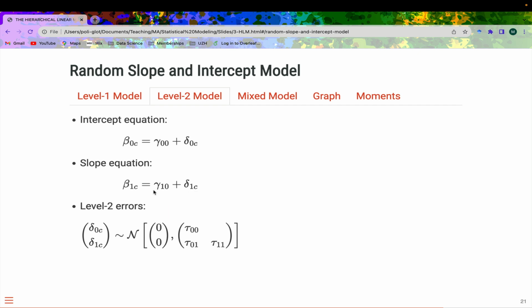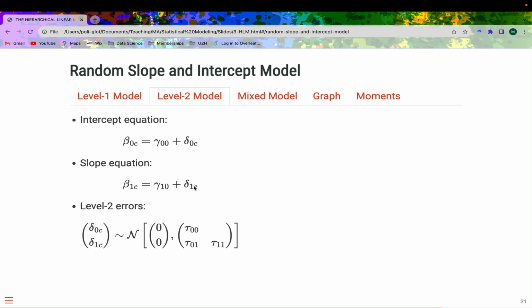So gamma 10 here is a common slope, say the effect of political efficacy across all countries. And then there's a deviation in that effect that is equal to delta 1c. Which is another level 2 error term. So now we have two level 2 error terms, delta 0c and delta 1c.